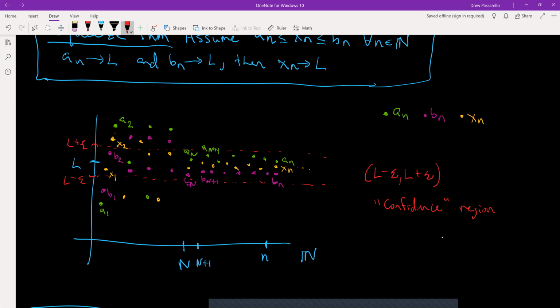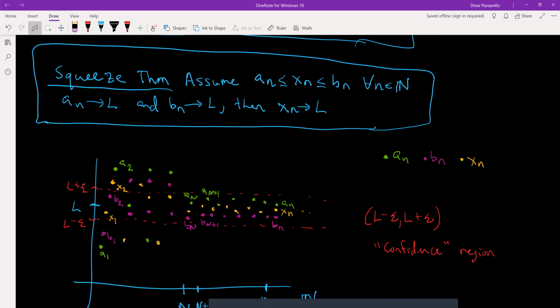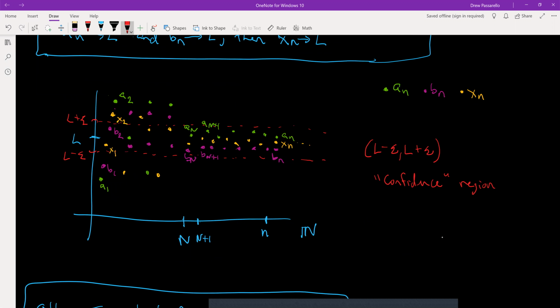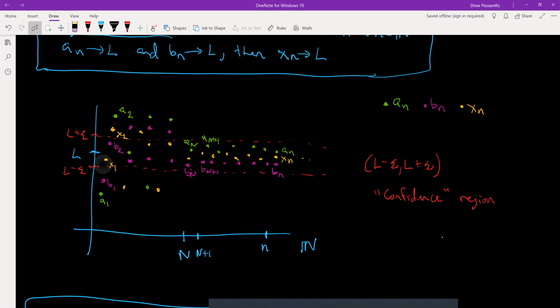Initially, at the beginning, our sequences don't have to follow a_n less than or equal to x_n less than or equal to b_n. It's just once I get to some index n that it has to be like that. So for instance, in the beginning, let's say a_1 is less than b_1 and less than x_1. And then it switches a bit and you get b_2 less than x_2 less than a_2.